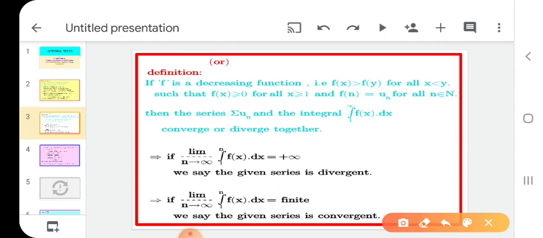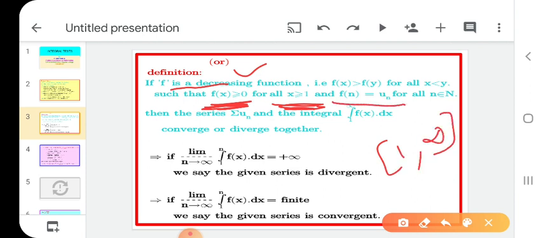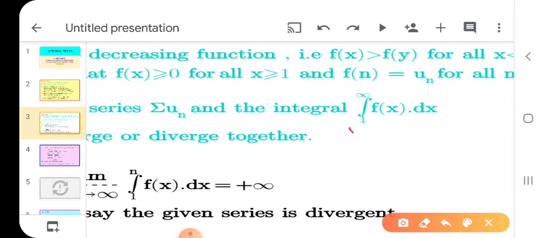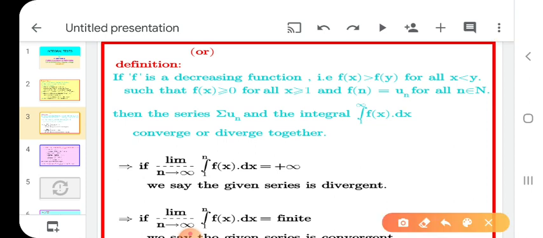So we say f is a decreasing function such that f(x) is greater than or equal to 0, meaning it contains all positive or non-negative terms, for all x greater than or equal to 1, that means from 1 to infinity, and f(n) equals u_n for all n belonging to the natural numbers. Then the series summation u_n and the integral from 1 to infinity of f(x) dx converge or diverge together.